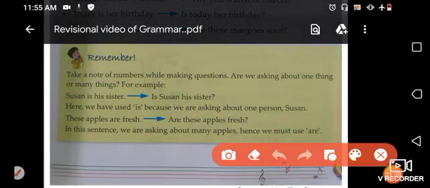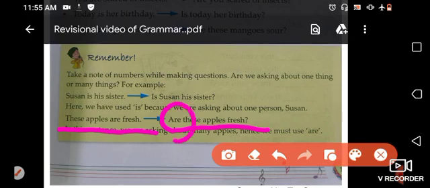In the next one you can see these apples are fresh. Are these apples fresh? So here we used are. Why did we use are here? Because we are not asking about one thing. Instead, we are asking about lots of things. We are not asking about a single apple, we are asking about apples.